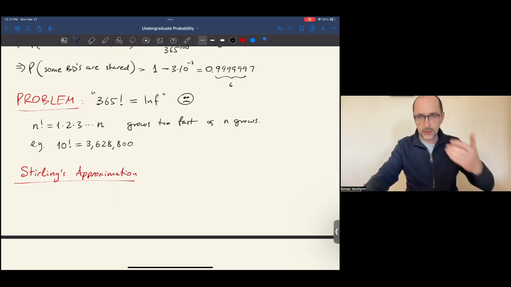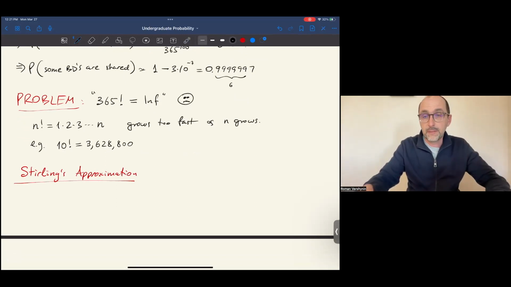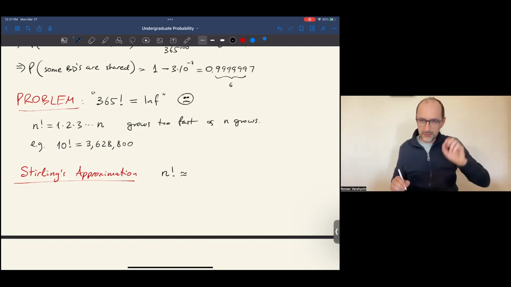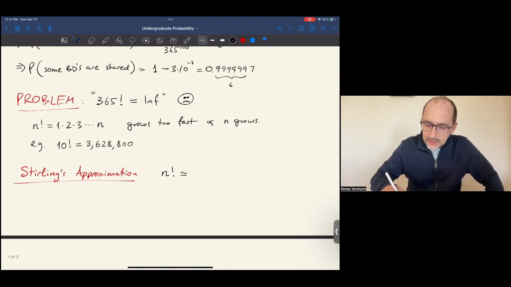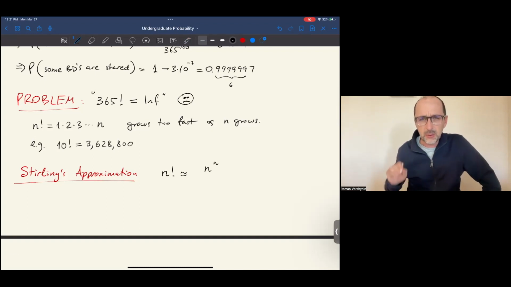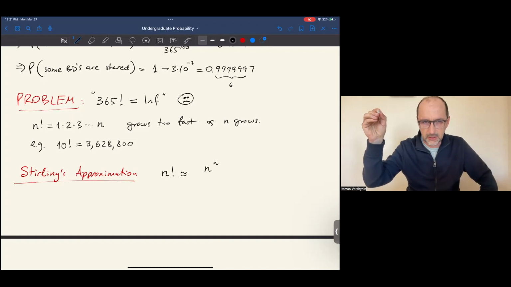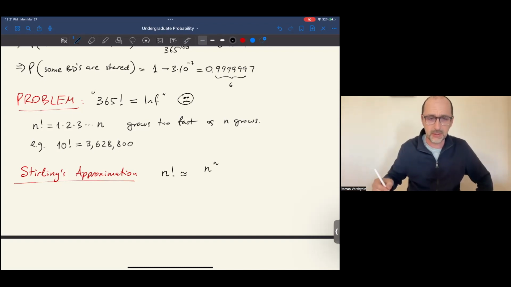Instead of computing the factorial directly, you use a very good approximation, which reads like this: n factorial is approximately, I'll do it in 3 chunks, n to the power of n, and that's how it grows. It grows super exponentially fast. e to the n would be exponentially fast, and n to the n is super exponentially fast.